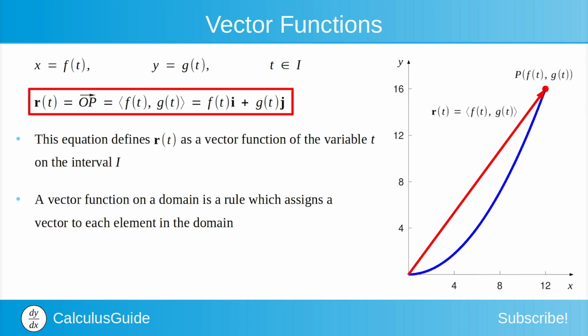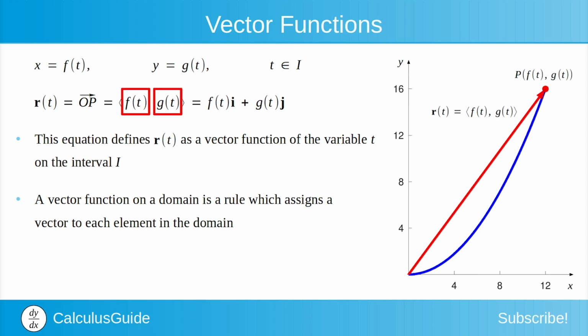To distinguish between vector functions and real-valued functions, we refer to real-valued functions as scalar functions. The component functions of r of t, which are now highlighted, are scalar functions.